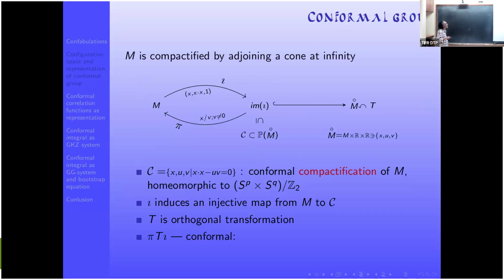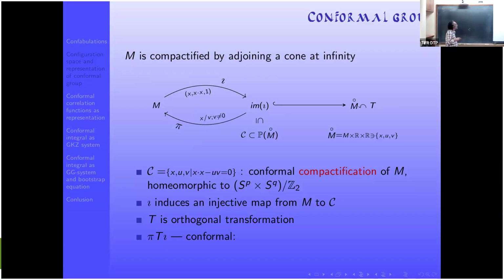This is what one does. One takes x in this manifold, embeds it in a bigger manifold, two dimensions higher, which has coordinates the same x with two coordinates added to it, u and v. Consider a cone here. This is the quadratic cone, so x dot x equals uv, that's here. So you have this map that maps this to this conformal cone.